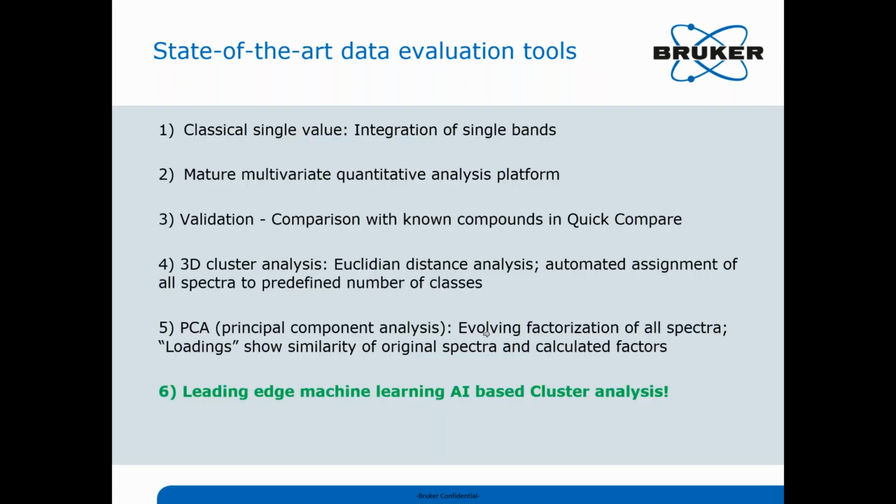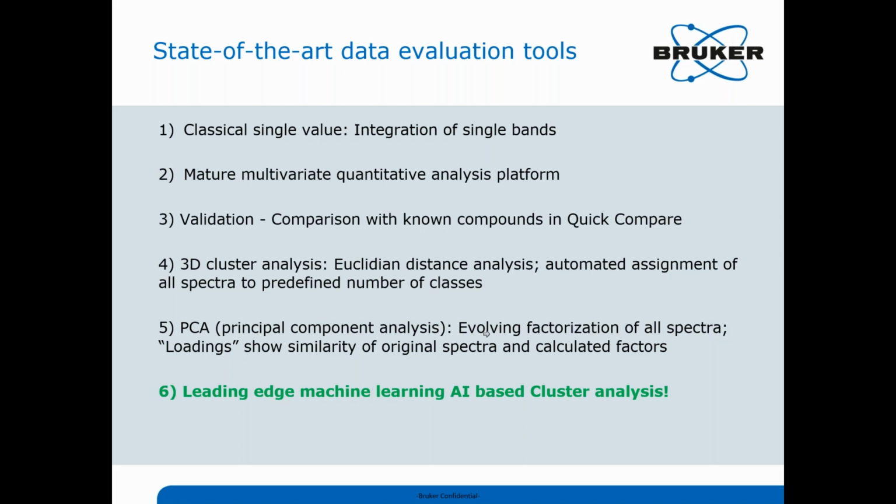The next part about getting the answers right is having the tools to get the right answer. You can use integration of different bands to do quantifications. You can do multivariate quantifications that allow you to account for things like changes in refractive index and scattering properties that may be taking place in your samples, as well as concentration. All those can be factored in with a mature quant method.